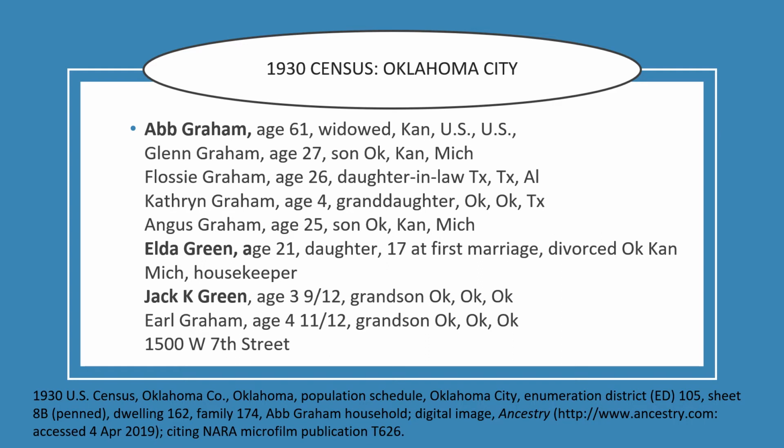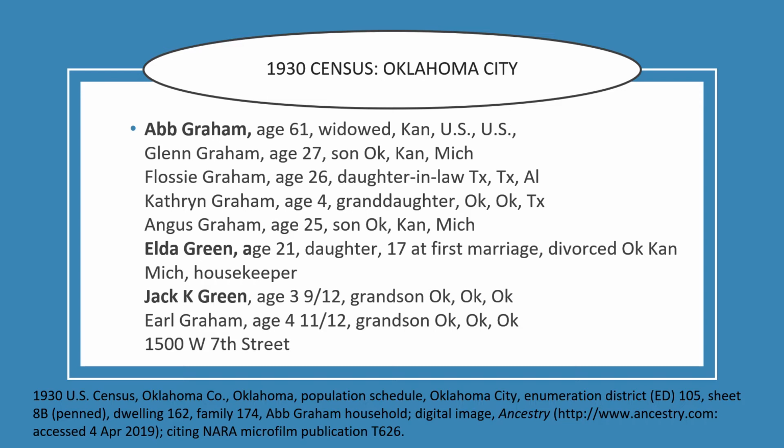Let's take a look at that 1930 census. The client tree had the census attached, and as I was looking at it carefully, I discovered that Elda Green, shown there in the middle in bold, was likely the informant, because everyone else was working outside of the home.